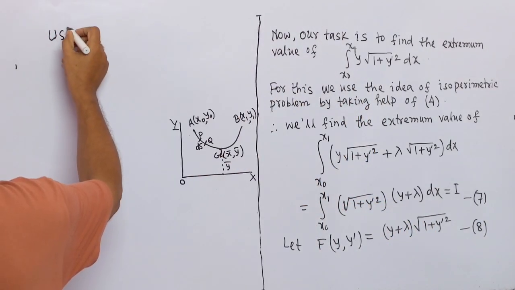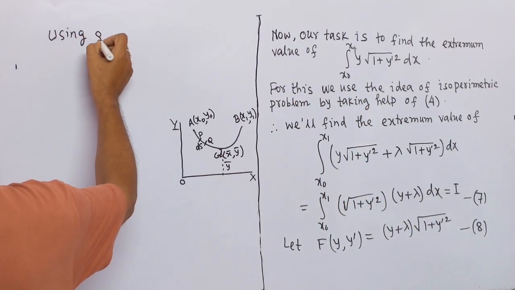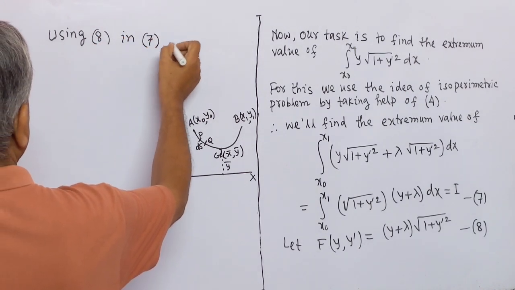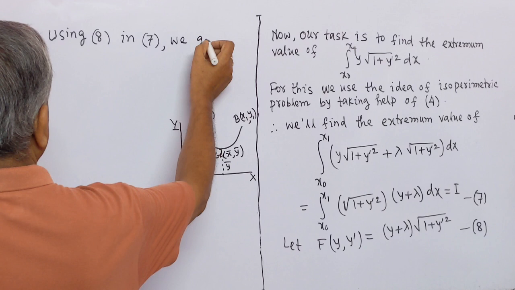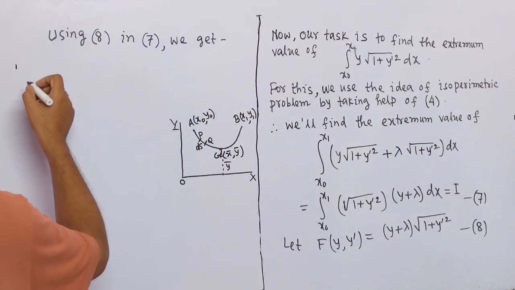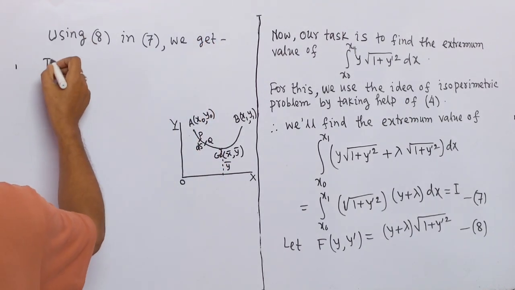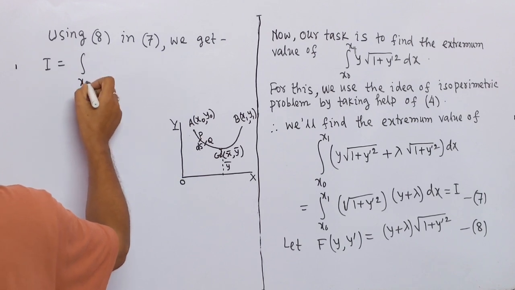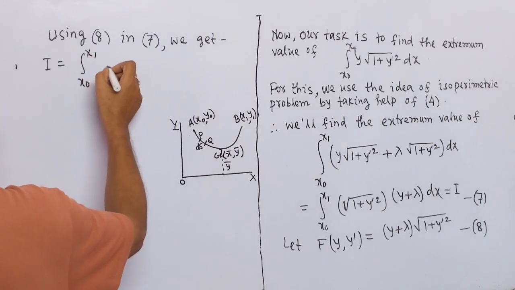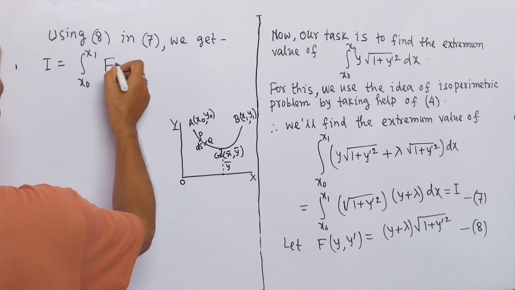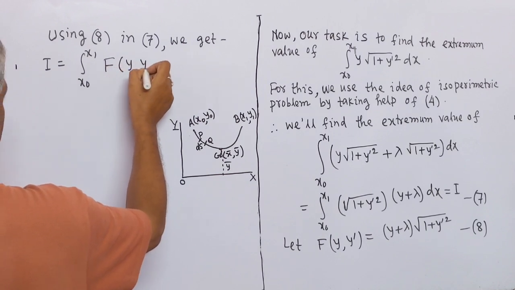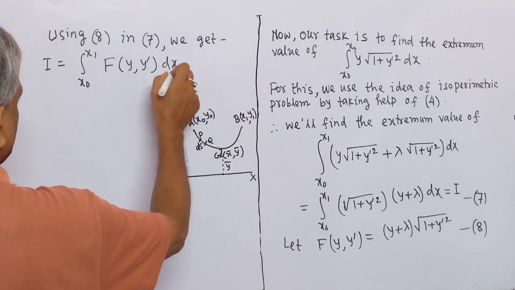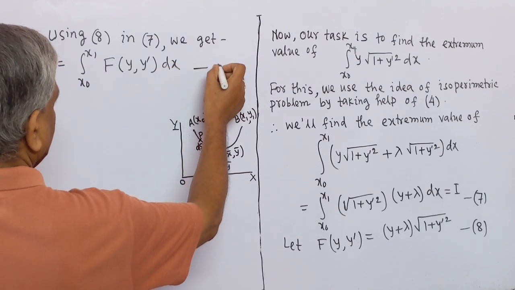Using 8 in 7 we get I equal to integration limit x naught to x1 f of y, y prime dx. Let this is number 9.